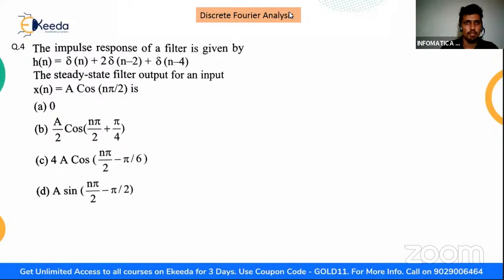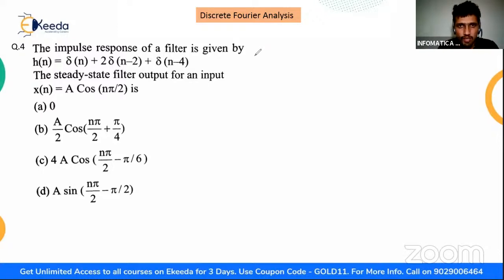What it is saying is that the impulse response of a filter is given by this. The steady state filter output for an input is given; this can be solved by two methods.